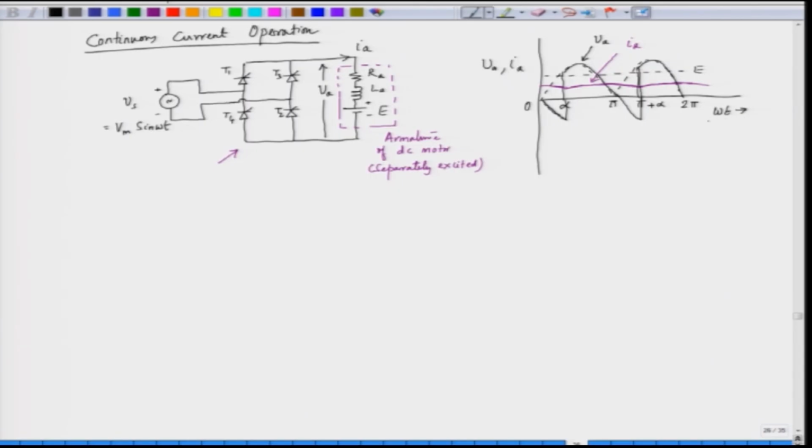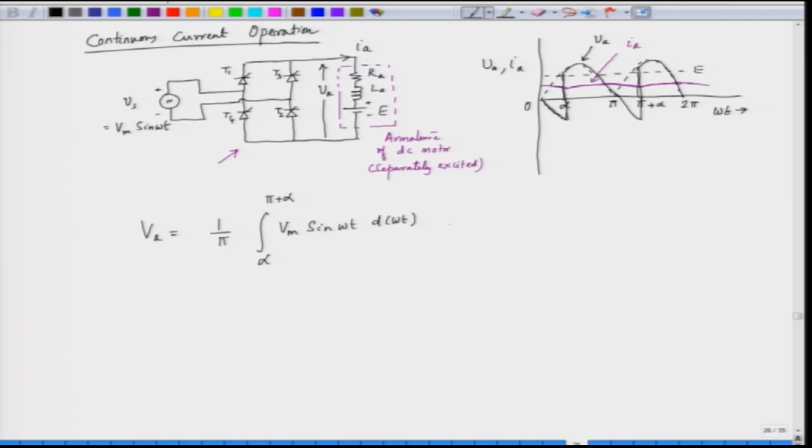Now, we have to find the average armature voltage, which is straightforward here because we have a continuous current. The average armature voltage can be evaluated by integrating for half a cycle of the input voltage waveform, that is 1 by pi from alpha to pi plus alpha, V m sin omega t d omega t.